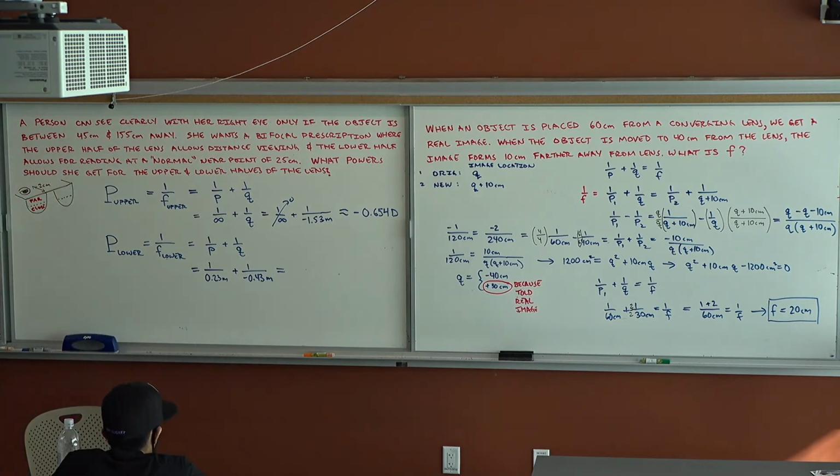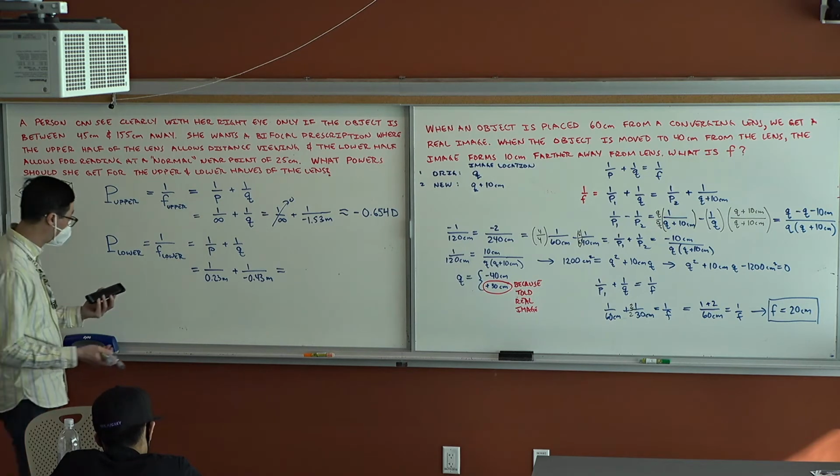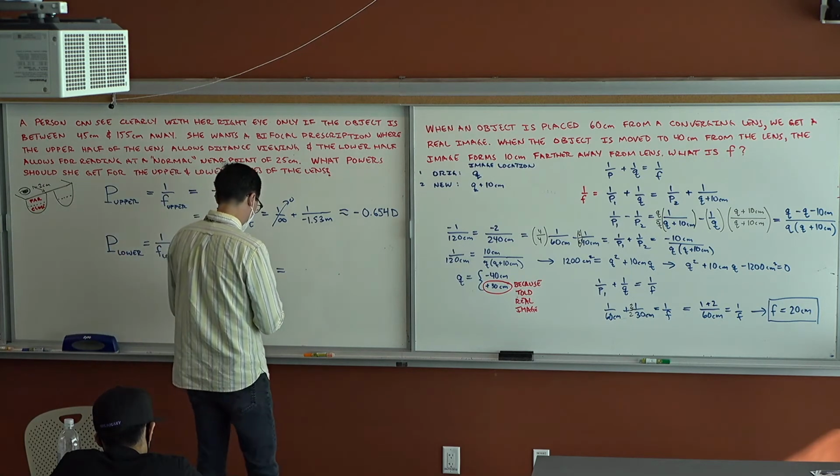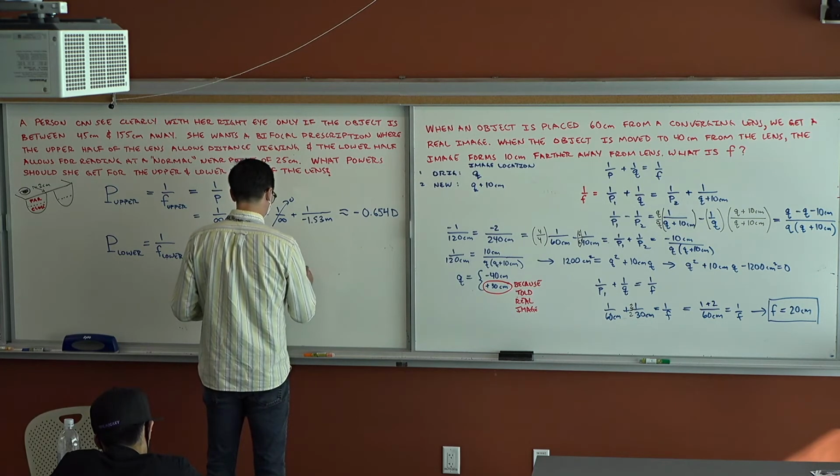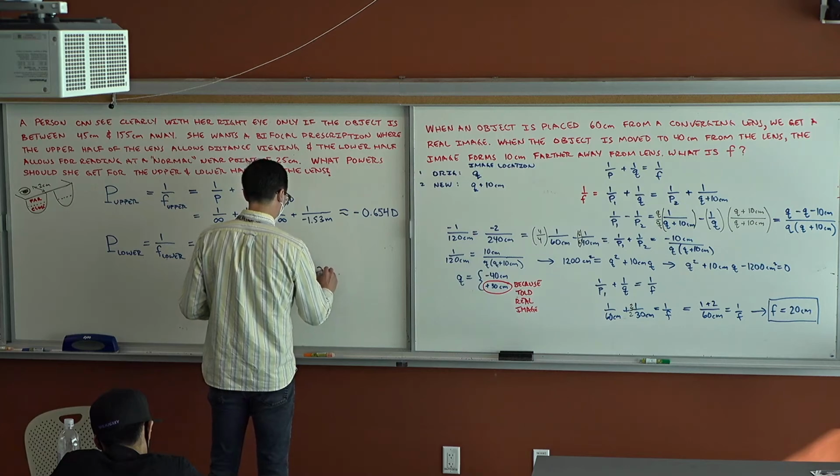Okay, I got it back. And let's see, this is what calculators are made for. I'm getting about 2.02 diopters.